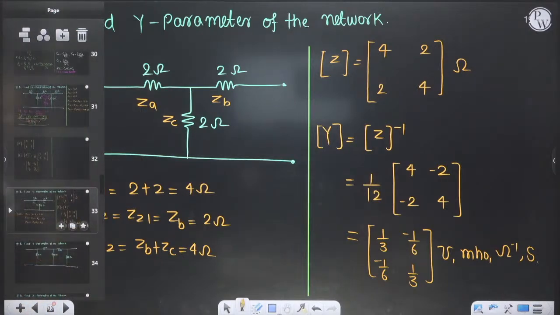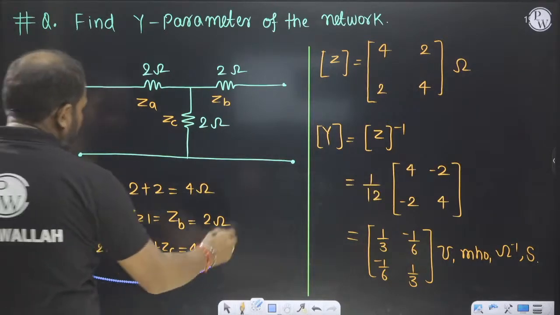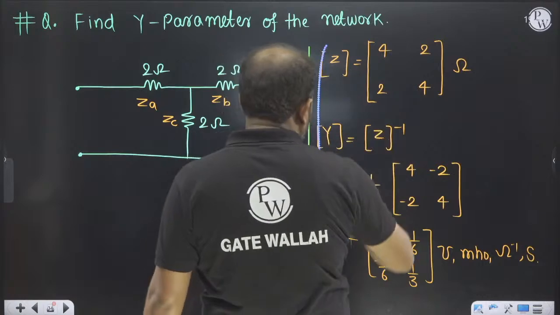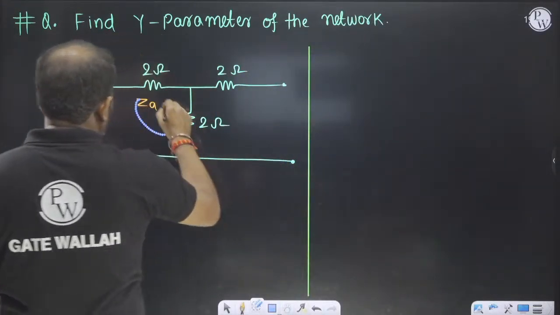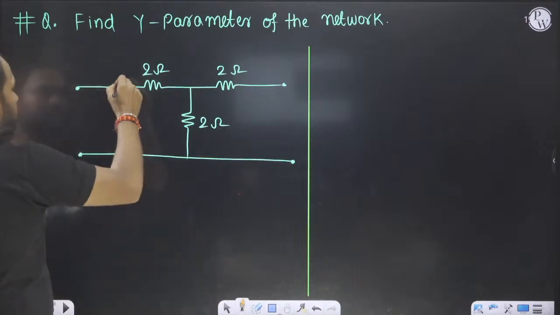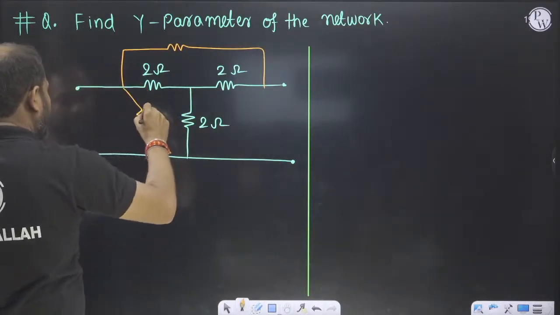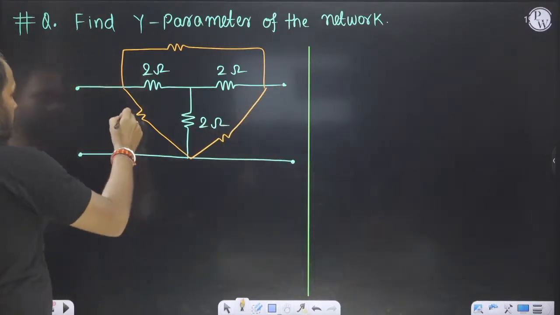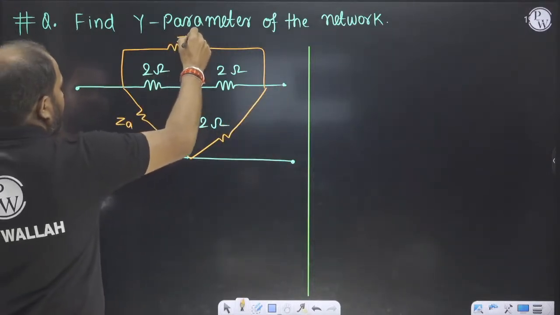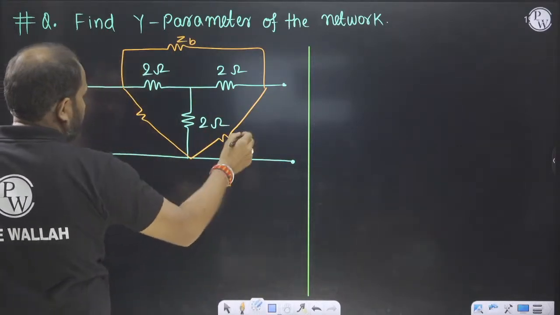The second method is you can convert this into a delta network, and then after you can solve. So you can go through the delta network. So this is ZA, ZB, and ZC, or RA, RB, RC, or R1, R2, R3.